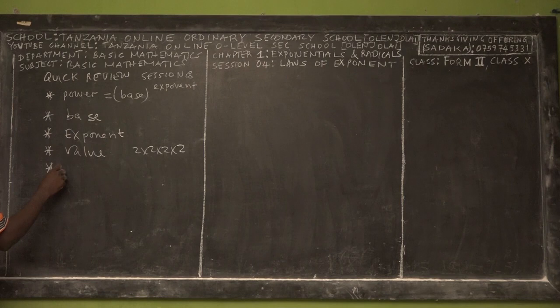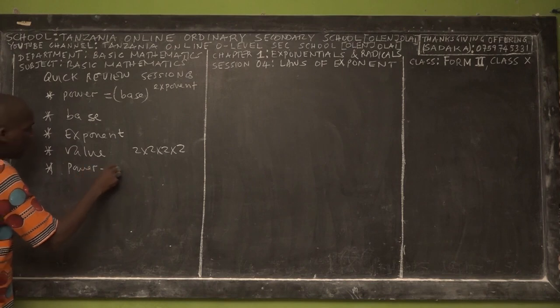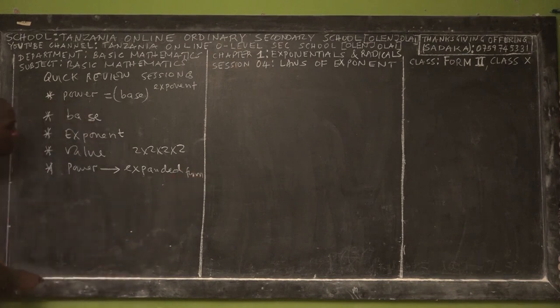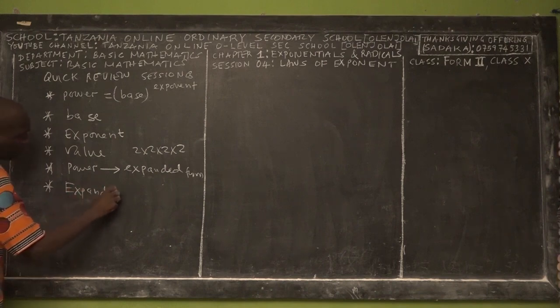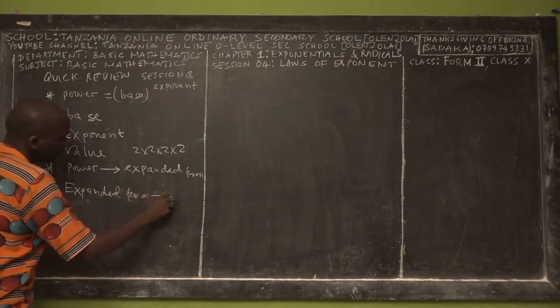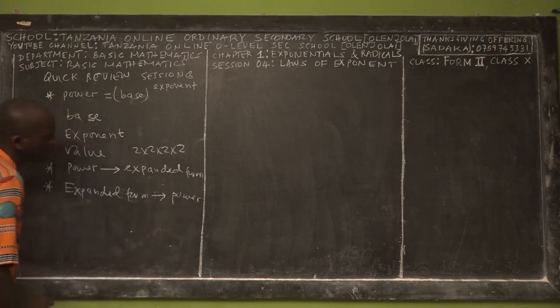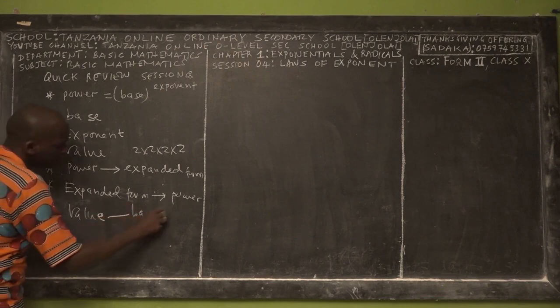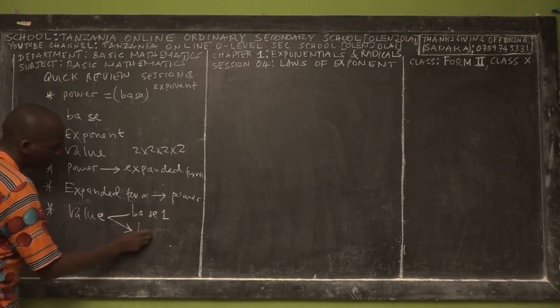We also taught you how to write a power in expanded form, and how to write an expression in expanded form as a power. Again, we taught you how to write a particular value in one base and also in another base.